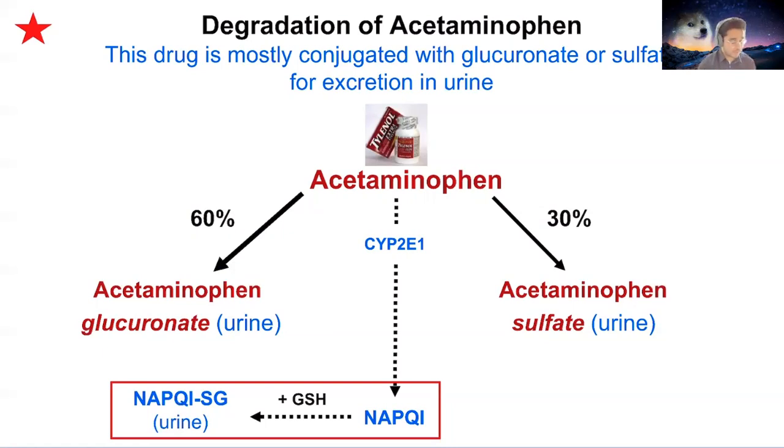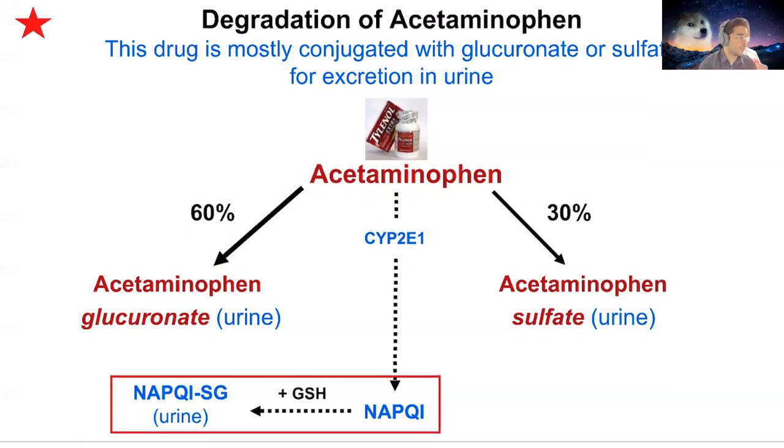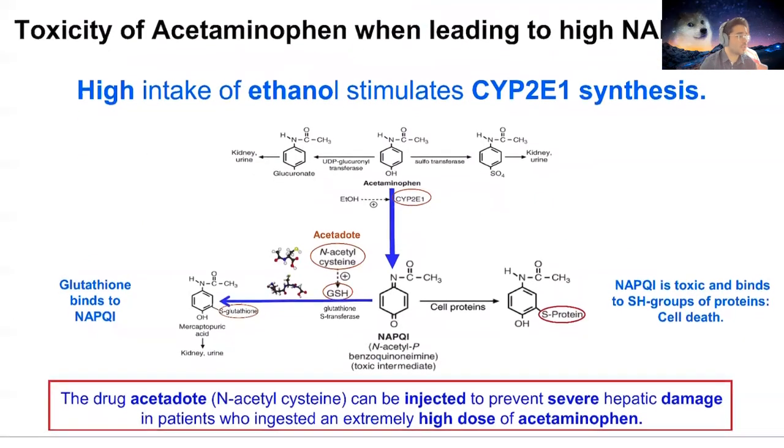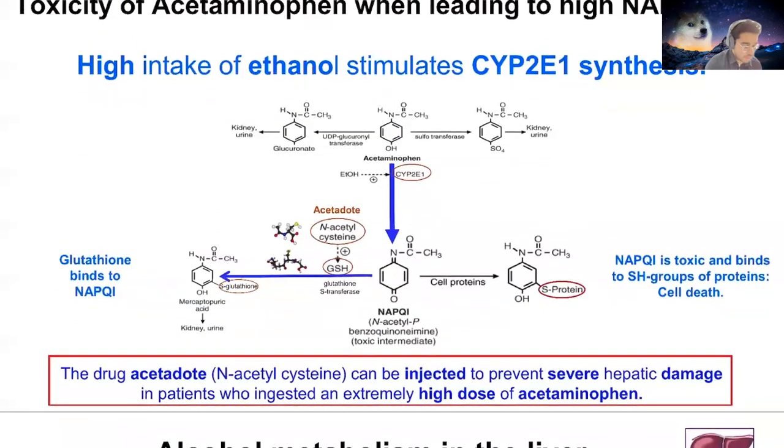What you need to know is that a minor pathway is primarily regulated by CYP2E1, and that converts acetaminophen to NAPQI. Okay. Now, that is a toxic metabolite. It's very low, like 1 to 2% is created. It's hardly anything. But when you have alcohol intake with acetaminophen, alcohol is going to upregulate the activity of CYP2E1, and then you're going to have too much of this NAPQI, right?